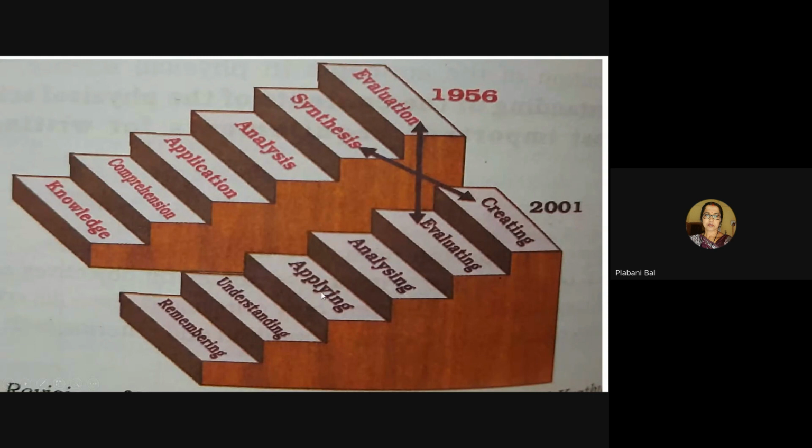In 2001, in the revised Bloom's taxonomy, the nouns are converted into verb form, meaning the learners are going to demonstrate all this: remembering, understanding, applying, analyzing, evaluating, and creating. These two steps are interchanged between themselves.